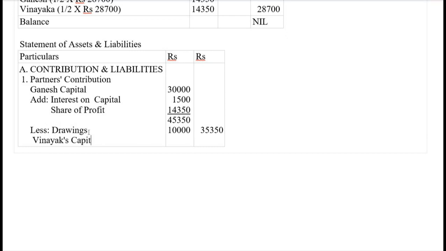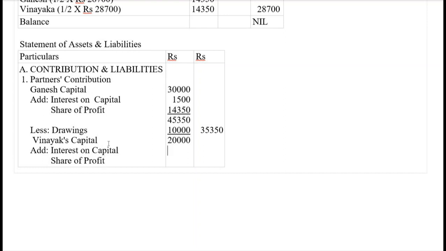Then similarly we should go for Vinayak also. Vinayak's capital balance is given as rupees 20,000. Let me underline here so that it can be distinctively shown. Then to this we should add interest on capital. Similarly we should add his share of profit. His interest on capital will be rupees 1,000 and share of profit remains the same, 14,350.